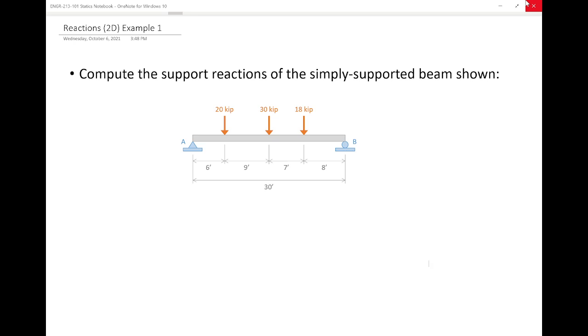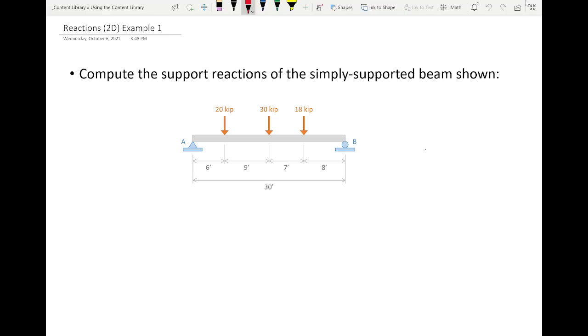There you go. 1 reaction. Now, before we start taking the supported A, let me ask you a question. I've got a bunch of loads acting downward. Which way do you think that B is acting to keep the structure in equilibrium? Up. Okay? All right.